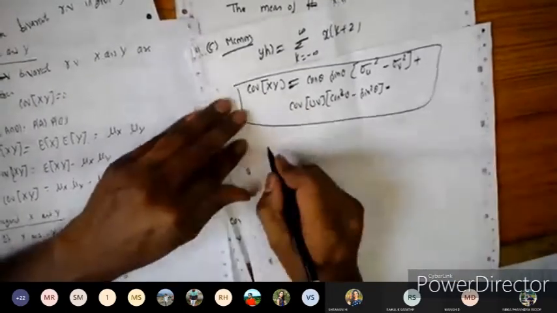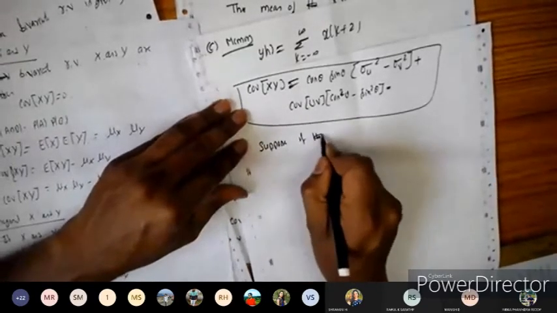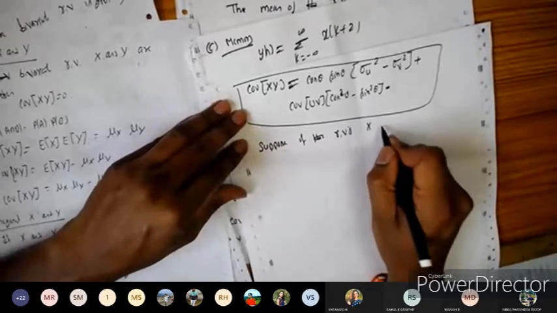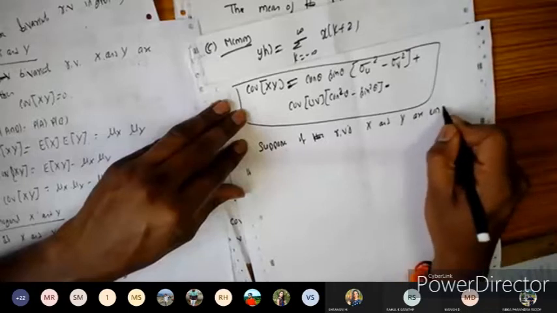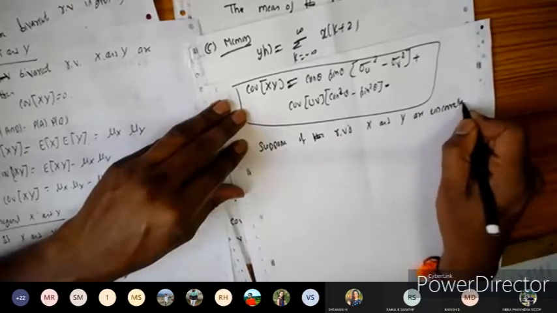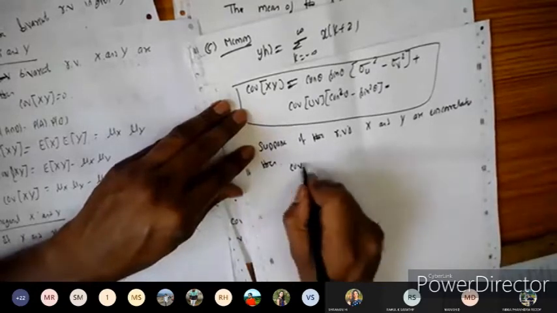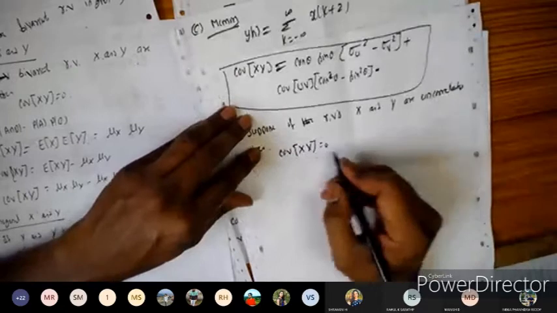Suppose the random variables x and y are uncorrelated, then covariance of x and y is equal to 0.